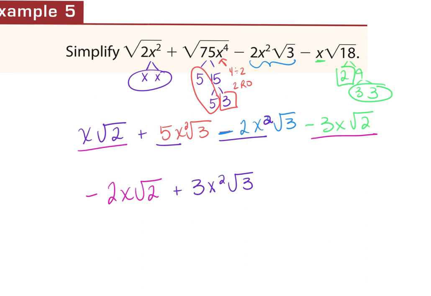And so when I'm adding and subtracting these, I had to actually look at, okay, these are like radicals, but I also have to make sure I can add what's on the outside. Had this been an x and a 3x squared, I couldn't add it. That's why I couldn't add these two, not just the radicand, but also what's on the outside were not alike. And since those were not alike, I couldn't add those even if my radicand had been the same. Those would not have been considered like terms to be able to combine.